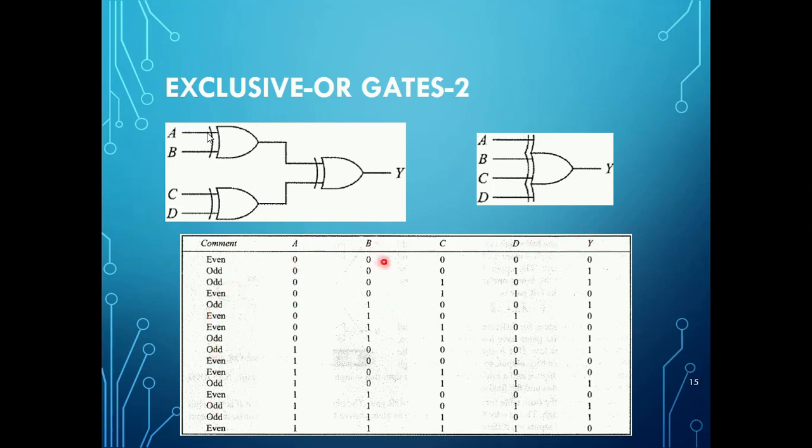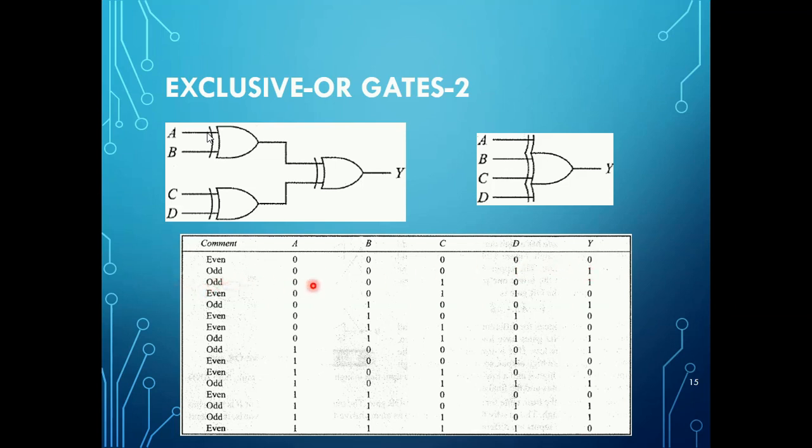So here 0, 0, 0, 0 you have, Y output is 0. The number of high inputs is even, because even means there is no high input, so we consider the comment as even. Next, if you see 0, 0, 0, 1, 1 means it's a high input, and it's an odd number, 1 is odd. So if you have 1, again here output is 1.